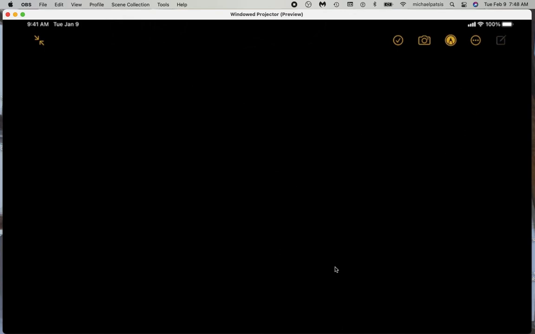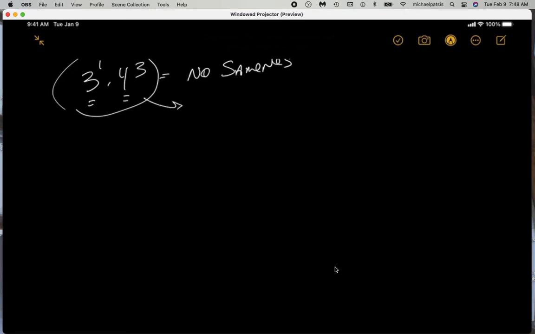Okay, let's do some examples now that we have the basics. Okay, you have 3 times 4 to the 3rd. You have different bases. If you put the hidden 1, different exponents. There's no sameness here. Therefore, you cannot combine these and do something fancy.